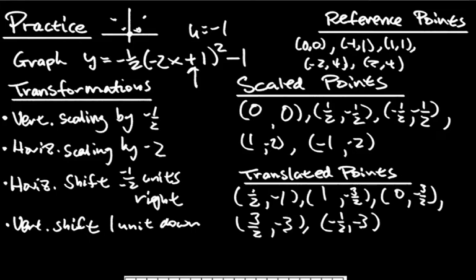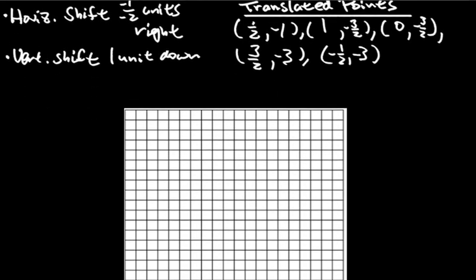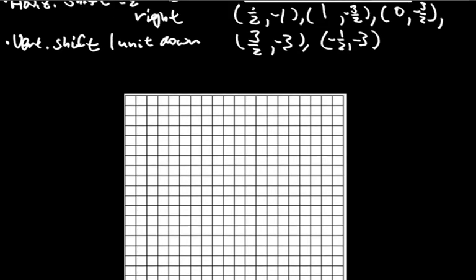And then we can just start graphing the translated points. So the stuff that we got at the very end. I'm just going to draw the axis real quick. So we know that 1/2 comma -1, that's going to be like our origin point, so to speak.